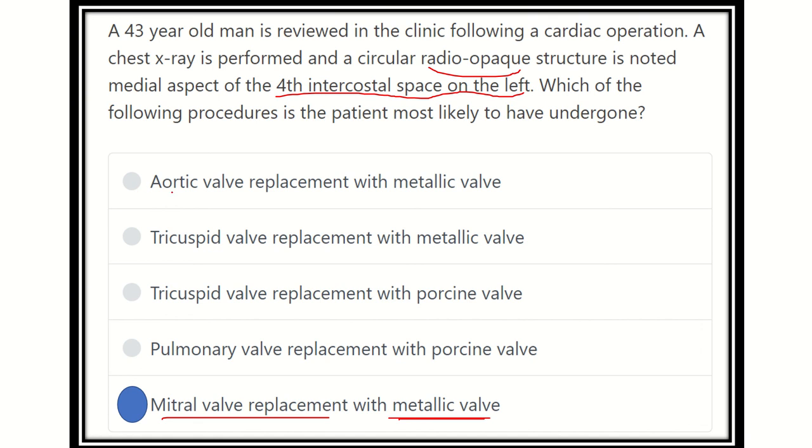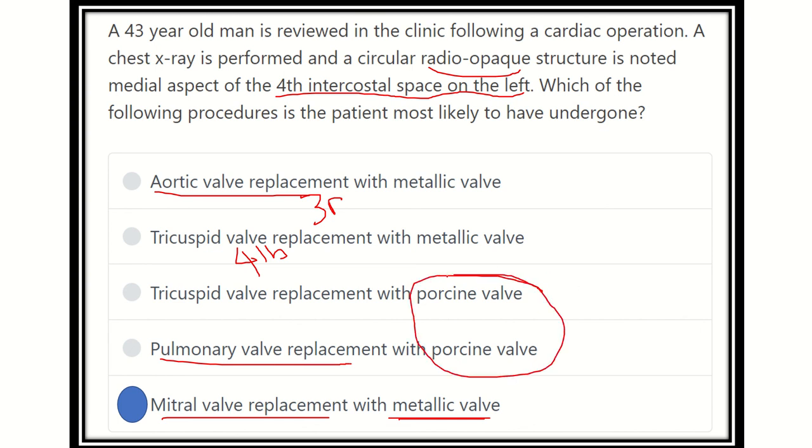And among the other options, aortic valve replacement: the aortic valve lies, as we know, in the third intercostal space. Tricuspid valve lies in the fifth intercostal space. And pulmonary valve replacement usually lies in the third intercostal space. And in the case of porcine valve, it is not true, because a porcine valve will not be radio-opaque.